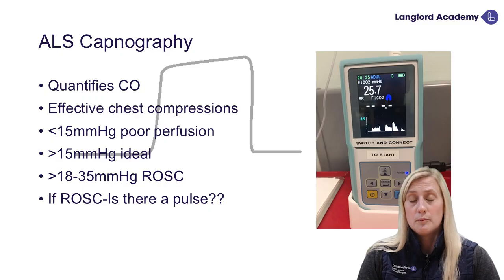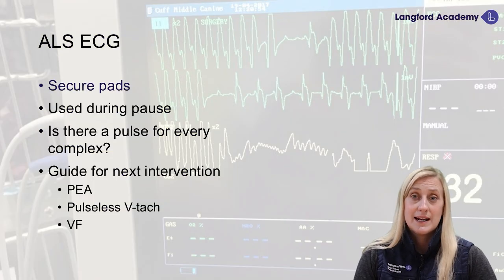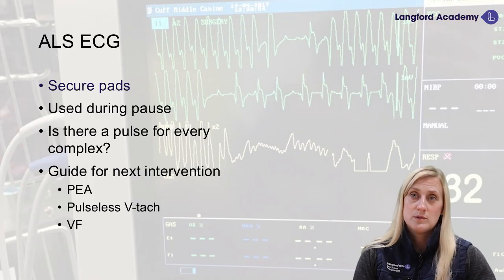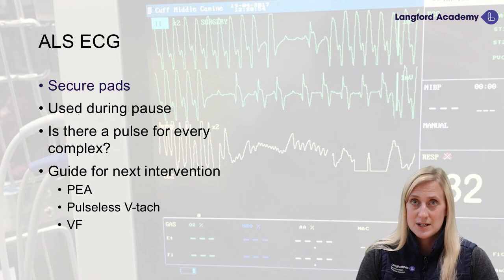It's going to jump up, it's going to be 20 and over if we have achieved ROSC in these patients. And it's good to monitor it. You'll notice the end tidal will start to trend down, your pulse quality will start to trend down if you have stopped chest compressions and if you have lost ROSC, and you may have to initiate chest compressions again.